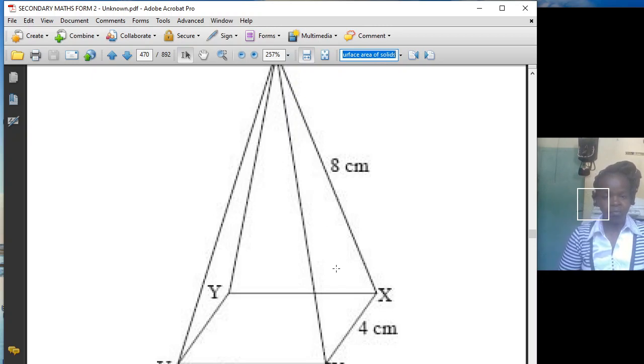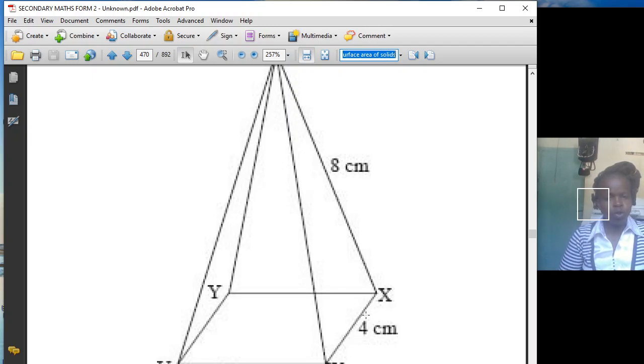So for this one, the area of one face, like this one, it is measuring 8, the base is 4. It is an isosceles triangle. So you drop a line here to form the height, the slant height for that triangle. Getting that height, if you divide the base, it will be 2, 2.